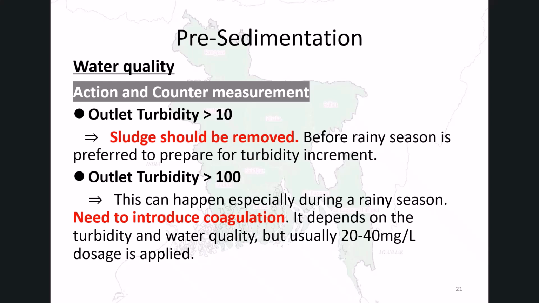On the other hand, when outlet turbidity exceeds 100 NTU, which is especially expected to happen during the rainy season, sedimentation alone will not be enough to remove the turbidity. Coagulation must be introduced. Depending on water quality, a dosage of about 20 to 40 milligrams per liter is commonly applied. These actions protect the slow sand filter from excessive turbidity loading.